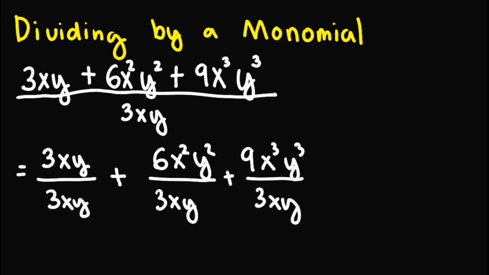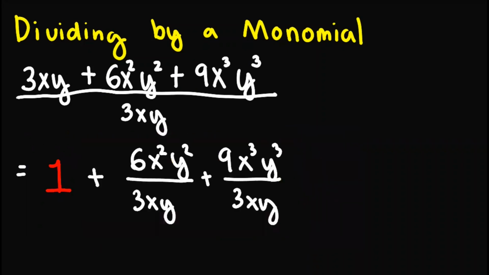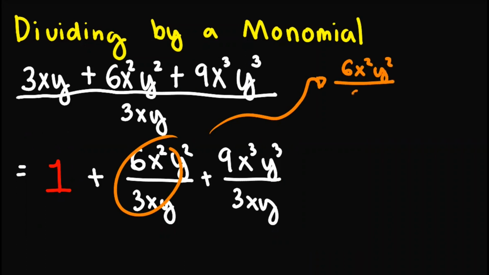And then we simply view these now as monomials. First, clearly, 3xy over 3xy is equal to 1. So we remove this one. This turns into 1. Next, for this one, let's write this one out here. We have 6x squared y squared all over 3xy.